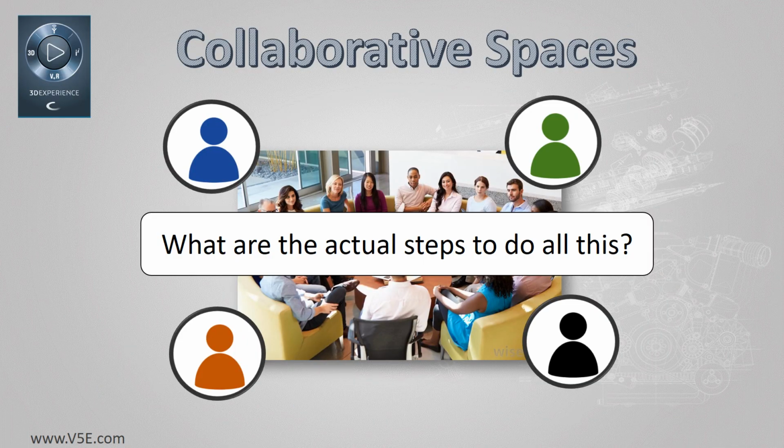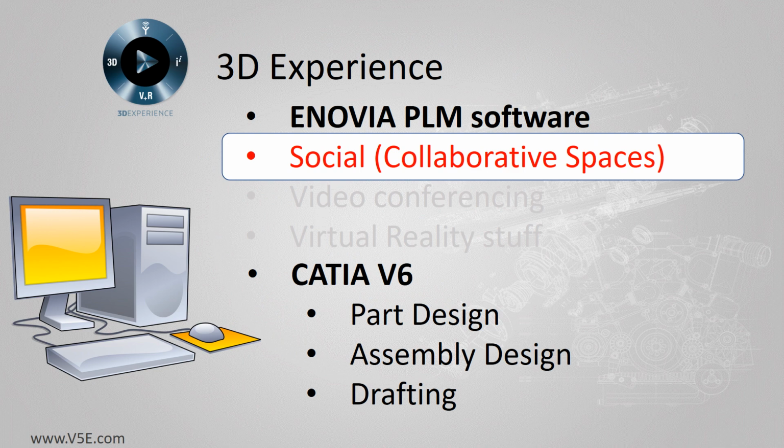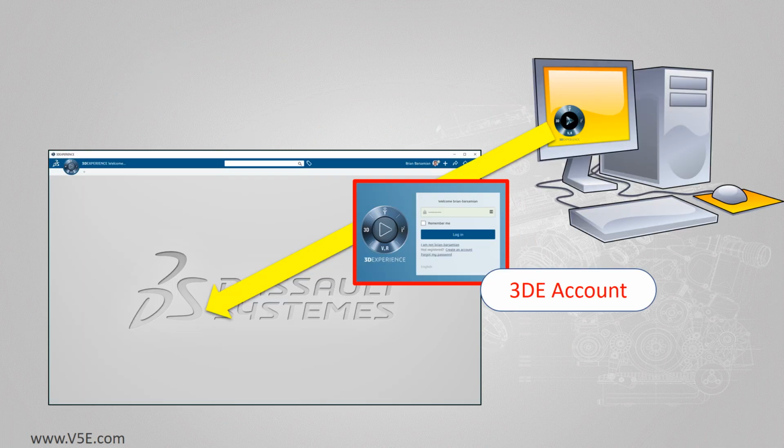We are getting into the actual steps to create and share collaborative spaces. Remembering back, this slide showed that many of the things happen under this 3D Experience umbrella. So let's head into the 3DE world and find this functionality. When we open the 3DE software, we must log in to your 3DE account.